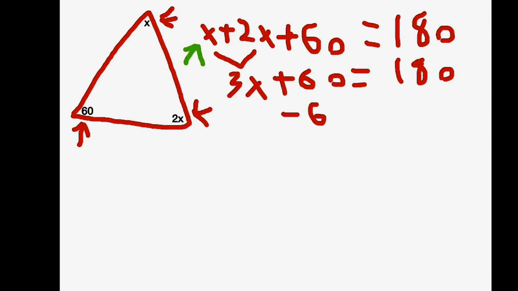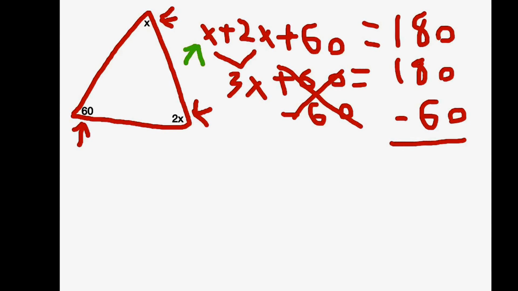So then let's subtract 60 from this equation, from both sides. And then 8, 7, 6, 5, 4, 3, 2 would be 120 degrees. And then we would have 3x equals 120 degrees.